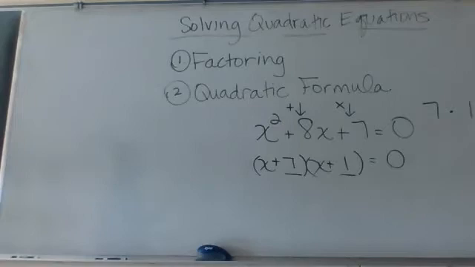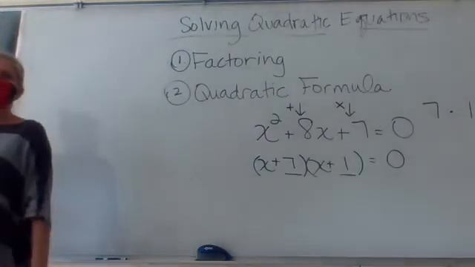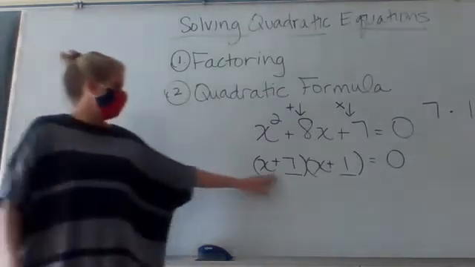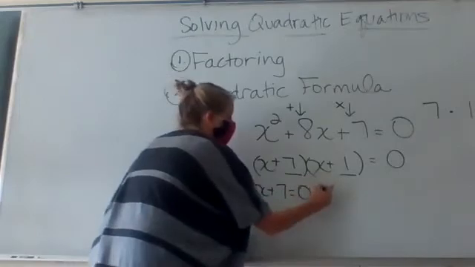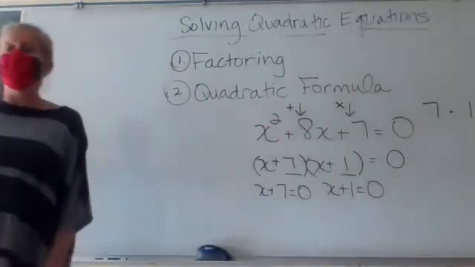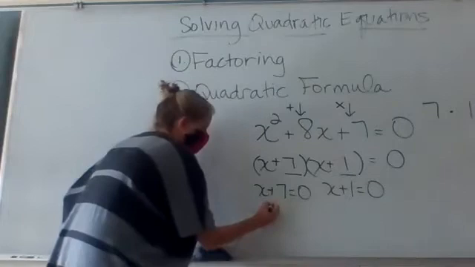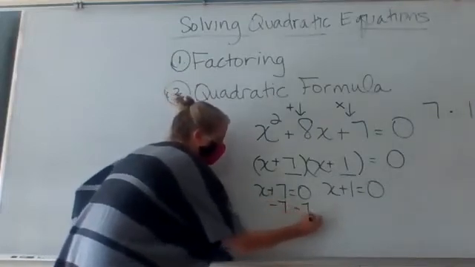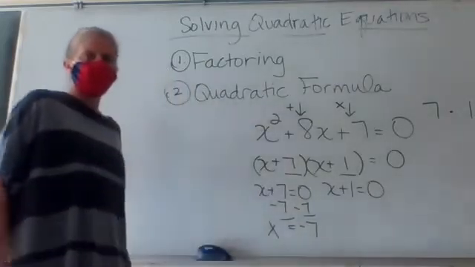After you do your factoring, you look at your two factors and you set each of them equal to 0. So I would have x plus 7 equals 0 and x plus 1 equals 0, and then solve both of those to get your two separate answers. If I solve this for x, I would subtract the 7 from both sides to get x equals negative 7.